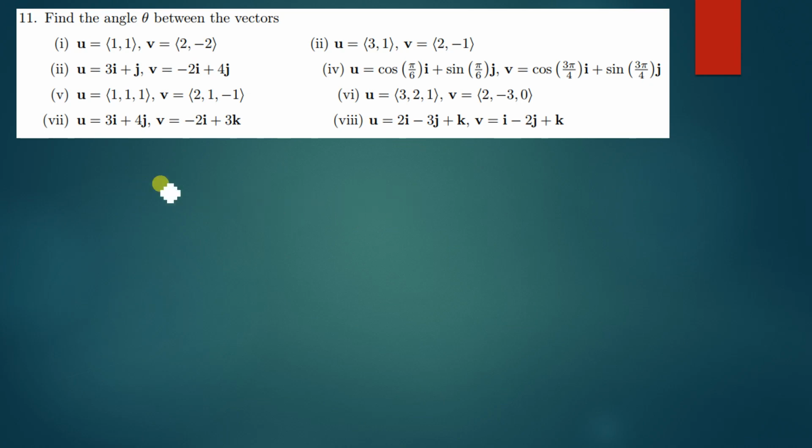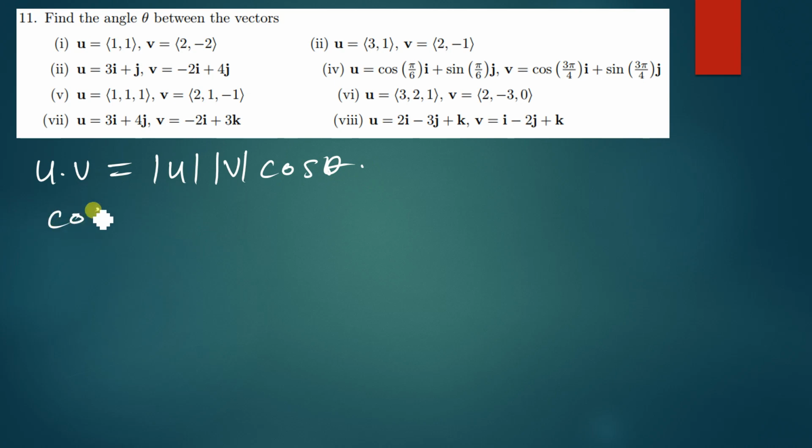It's also simple. We know that u dot v is given by the magnitude of u times the magnitude of v cos theta. So cos theta is equal to u dot v, everything over the magnitude of u times the magnitude of v.